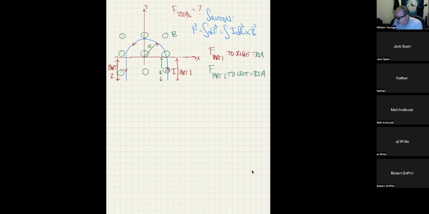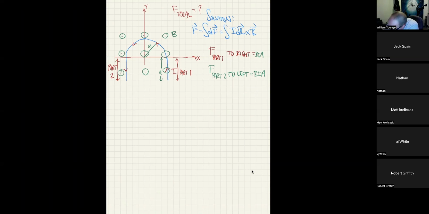That means it's got an X component and a Y component. And the X component points to the right for the right half and points to the left for the left half. So you don't expect this to have any surviving X component, but you do expect it to have a surviving Y component. But this calculus mechanism here is going to show us how.